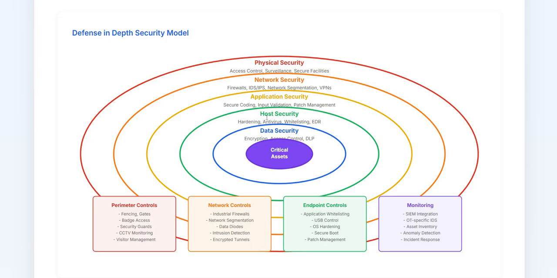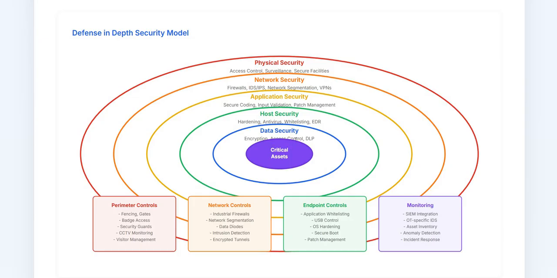And host security, closer still: systems harden operating environments, restrict execution, and monitor endpoints. And data security, near the center: data protection ensures confidentiality and controlled access. And at the center, protect assets.